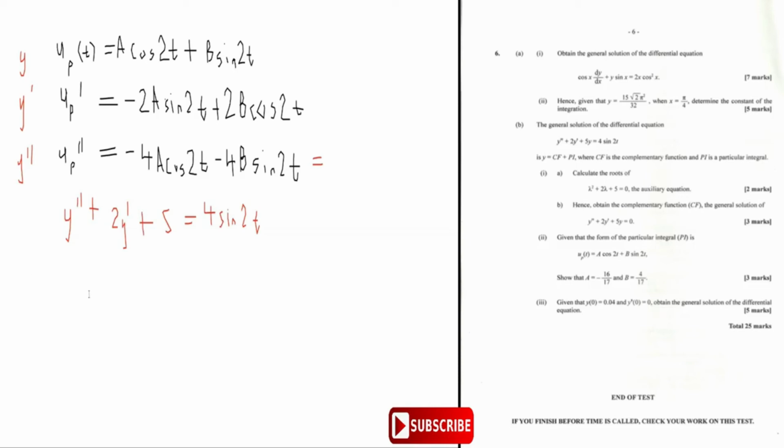Y double prime is minus 4a cos 2t minus 4b sine 2t, plus 2y prime, which is 2 times this, minus 4a sine 2t plus 4b cos 2t, plus 5y, which is 5a cos 2t plus 5b sine 2t, and that is equal to 4 sine 2t.